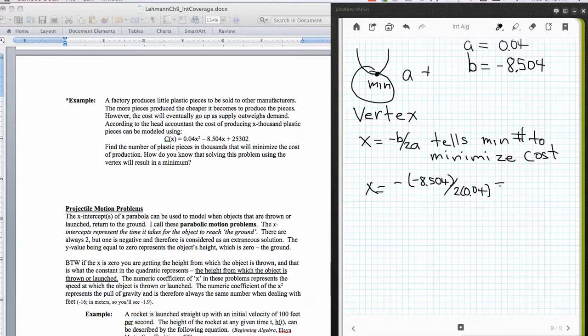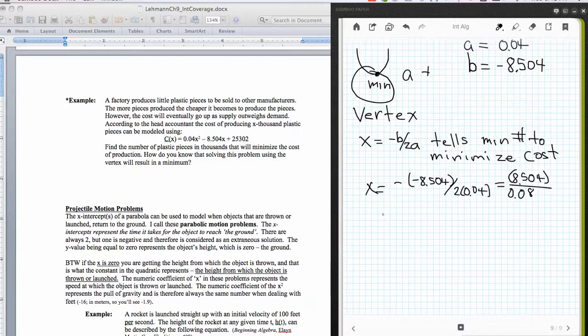So a negative and a negative make a positive 8.504, and I know 4 times 2 is going to give me 8, and I have 2 decimals, so I know that this is 0.08.